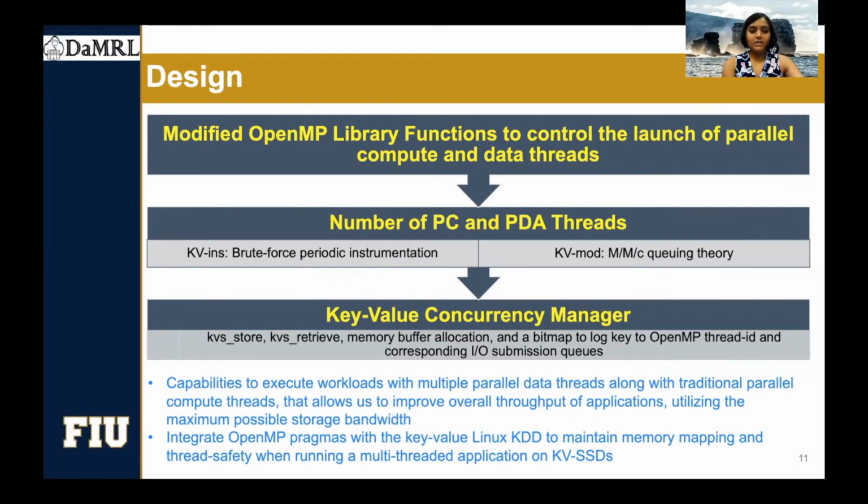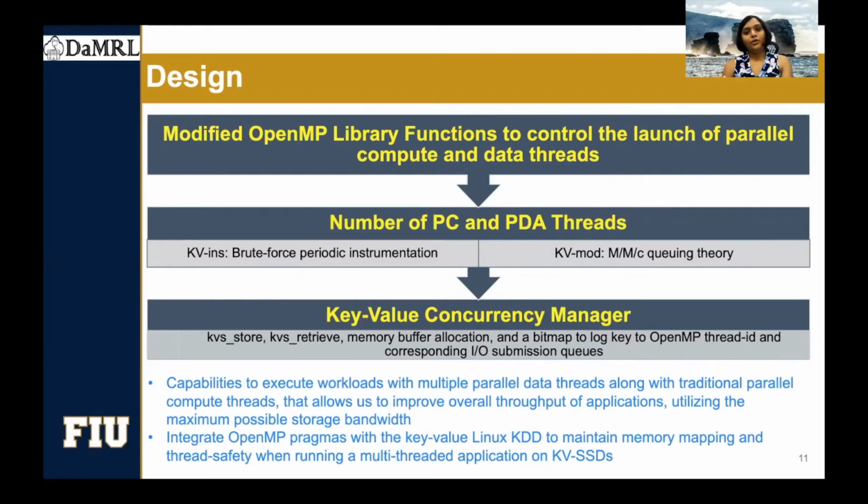First is KV-ins, which is a brute force periodic instrumentation method. We instrument CPU utilization, throughput, and memory utilization. So first we observe the CPU utilization; we keep increasing the number of parallel compute threads until either it saturates, or until we are out of the number of parallel compute threads supported by the number of cores in that machine.